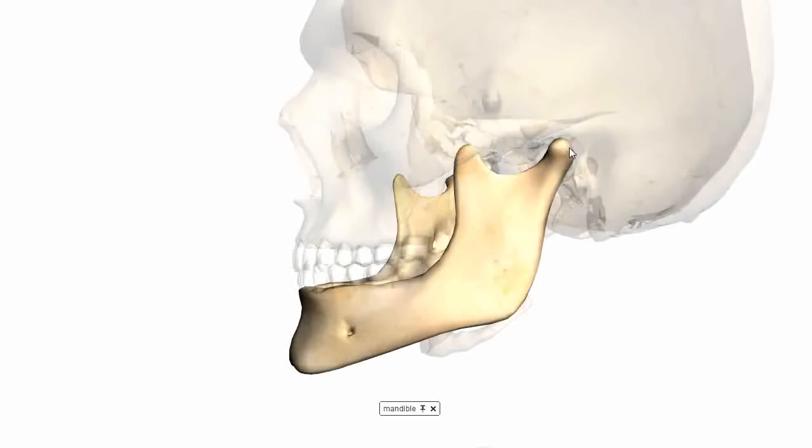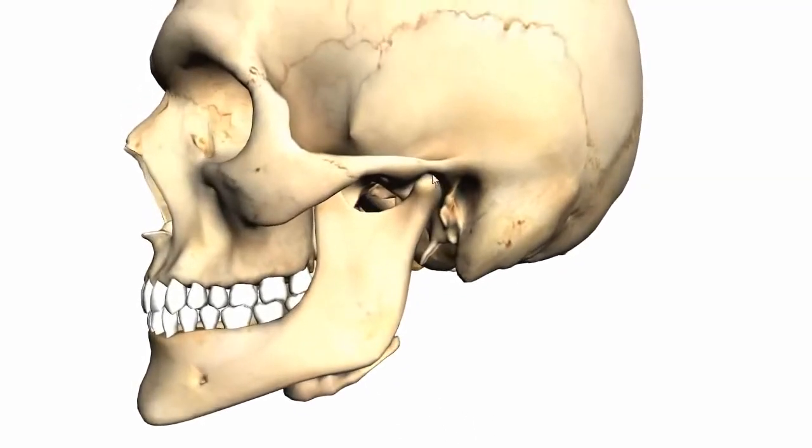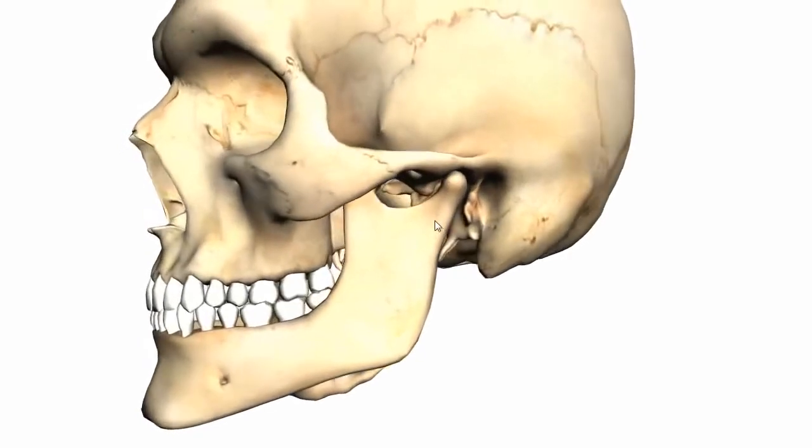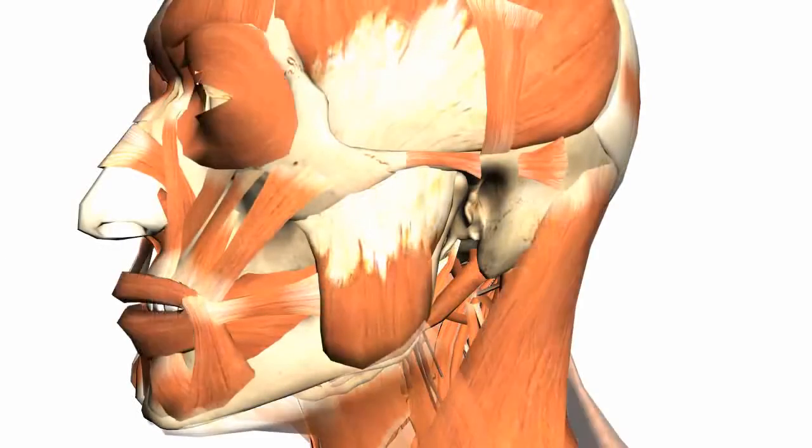This process articulates with the temporal bone. So you can see here its articulation with the temporal bone. The anterior coronoid process is important because it's the site where the temporalis muscle inserts. If we just have a look at that, just bring in the muscles.